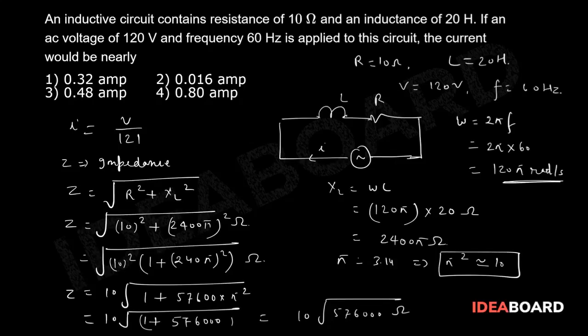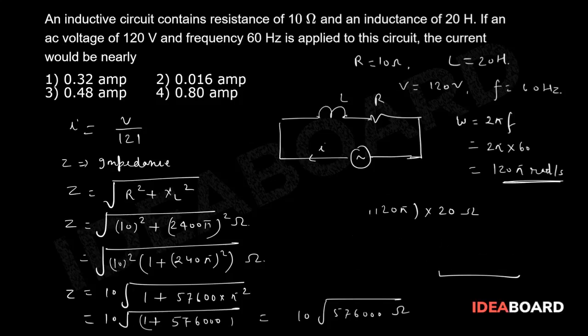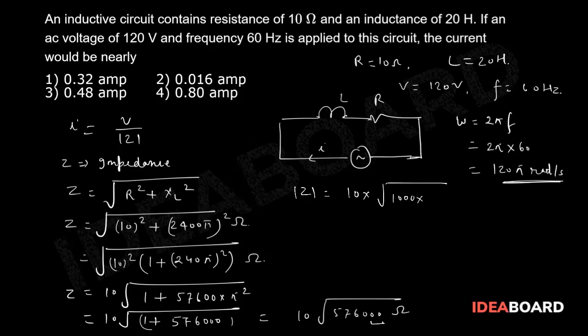So now we need to find out the value of this expression. So that is going to be mod Z, which is coming out to be 10 into, there are 3 zeros, I can treat this as 1000, under root of 1000 into 576 ohms.